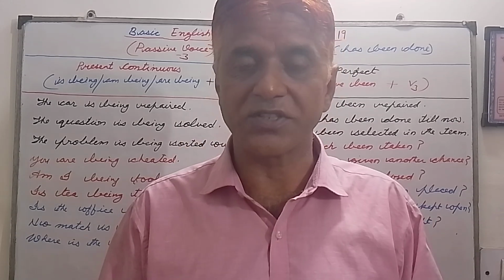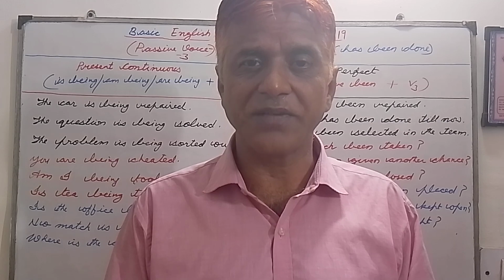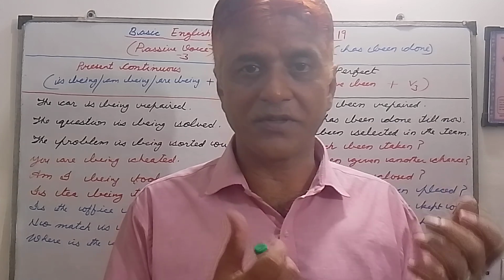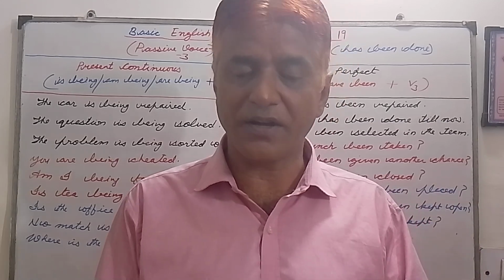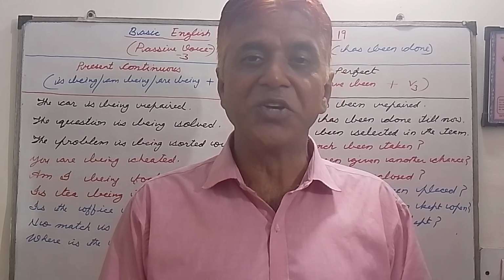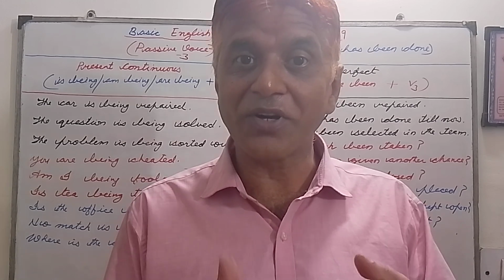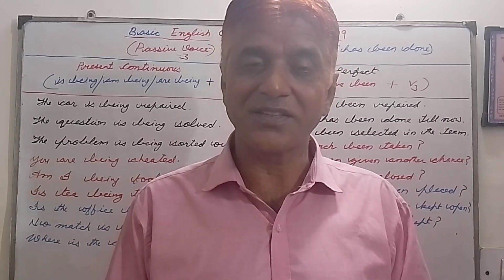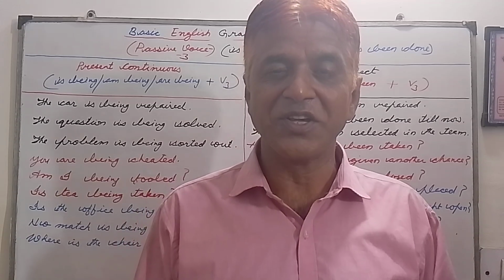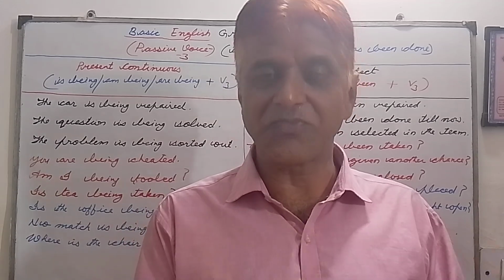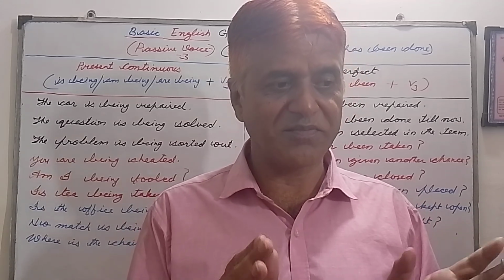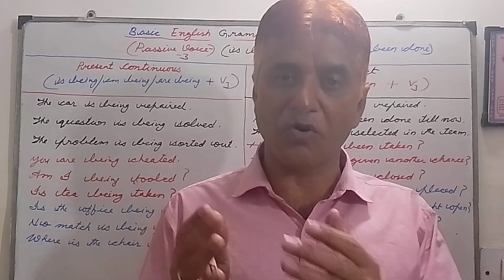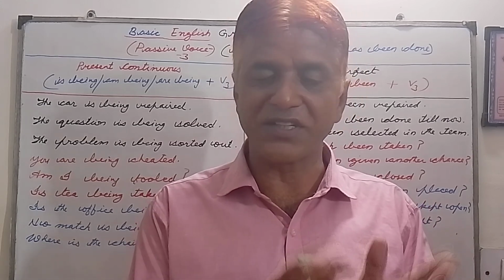In passive voice, because we are describing objects or things, obviously they will not act, rather they will be acted upon. So obviously we will use passive voice if we are referring to objects or non-living things.